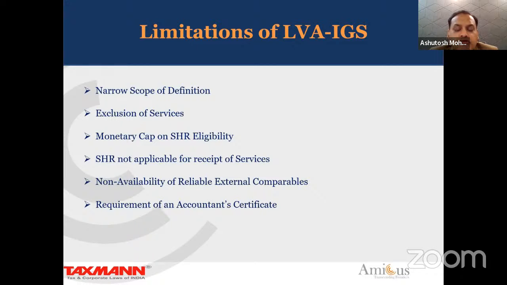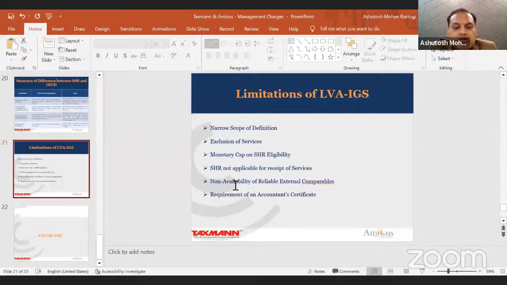There is exclusion of services in those cases where reliable external data is available; safe harbor cannot be applied in that circumstance, which is also problematic. And what is onerous compliance is that you need an accountant certificate to certify it, with the result that in my experience so far, I have not seen companies opting for the safe harbor. Maybe there are some companies who are able to satisfy all of this. But when their safe harbor comes for testing before the TPO, it may be difficult for them to argue that they do not have any reliable external data available to benchmark the management services.